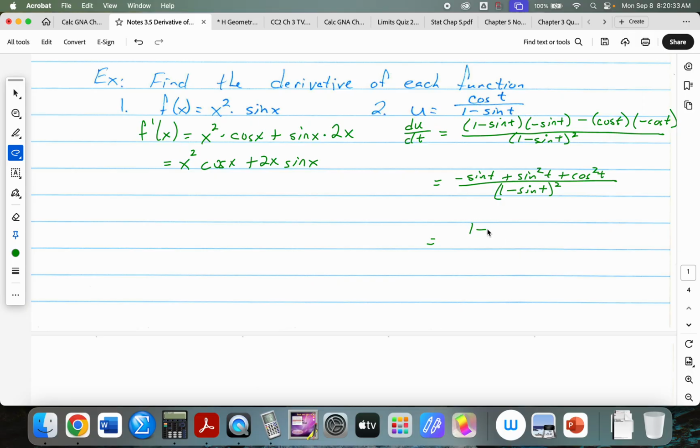So we've got 1 minus sine of t over 1 minus sine of t quantity squared. So dividing out, I can just have 1 over 1 minus sine of t.